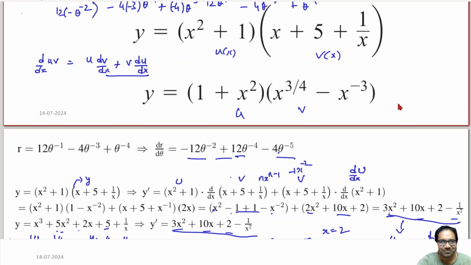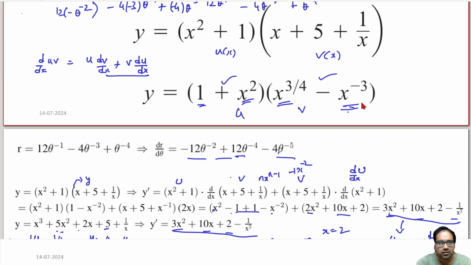Right, guys? The only thing we have to check is that this function is differentiable. Obviously, there are no zeros in the denominator, there is no discontinuity. These are functions which individually are continuous and differentiable: one is continuous, obviously differentiable; x squared also, x power 3 by 4 also, x power minus 3 also.